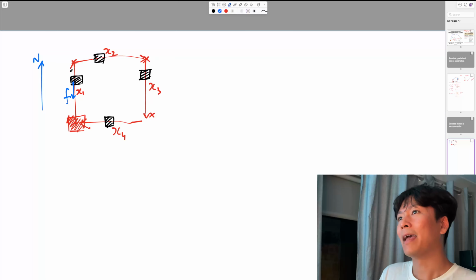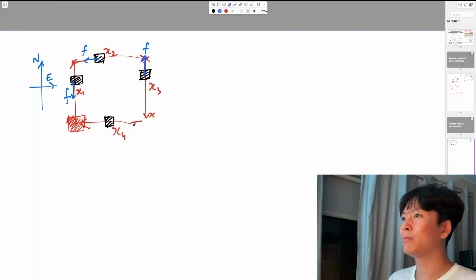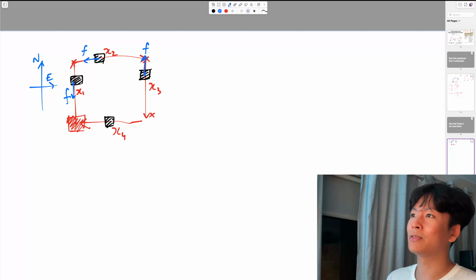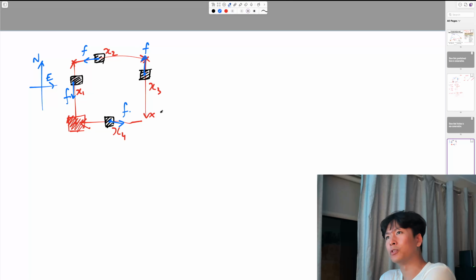Now, as the box is going east, or going to the right, friction is now going to go this way. As the box is being pushed down south, friction is now going to act this way. And then as the box is being pushed to the left, or to the west, back to the original position, friction is now going to go this way. So you can see that friction is always opposing motion.